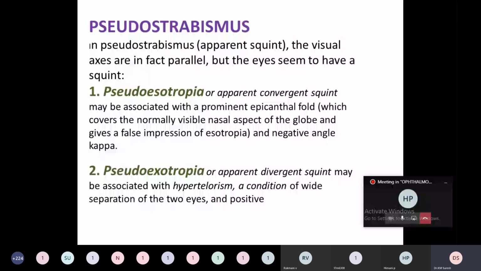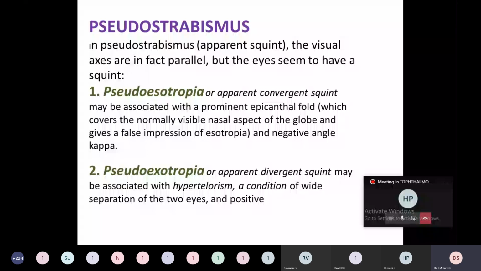Pseudo-esotropia, which is also known as apparent convergent squint, may be associated with a prominent epicanthal fold, which covers the normally visible nasal aspect of the globe. The nasal aspect of the globe has a specific measurement medial to the cornea and lateral to the cornea.